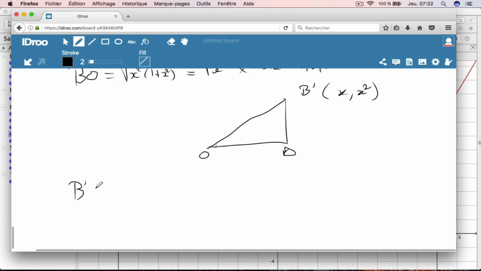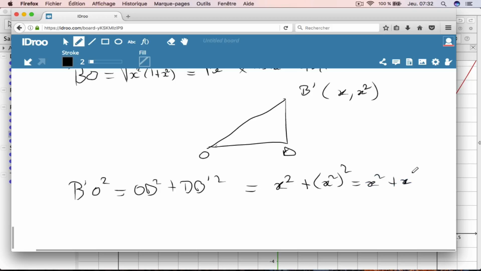We've got B prime O squared equals OD squared plus DB prime squared, which is equal to x squared plus x squared squared. So that means x squared plus x to the power 4. And the same, we can factorize and put x squared times 1 plus x squared.